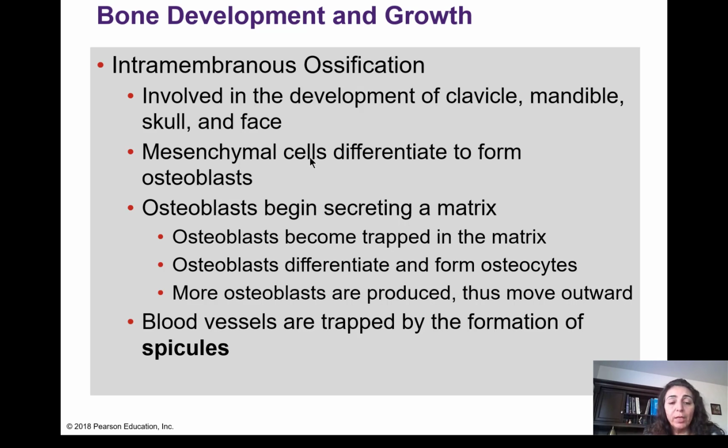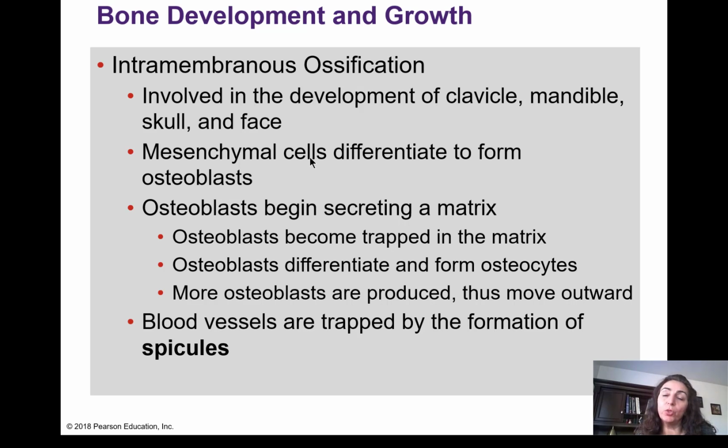They thus move outward, right? And the blood vessels are trapped by the formation of the spicules. You don't need to know the name, just know that in the process, wherever new tissue is forming, the body has the ability we call angiogenesis. Angio means vessel, like angiography, imaging of the vessels, right?